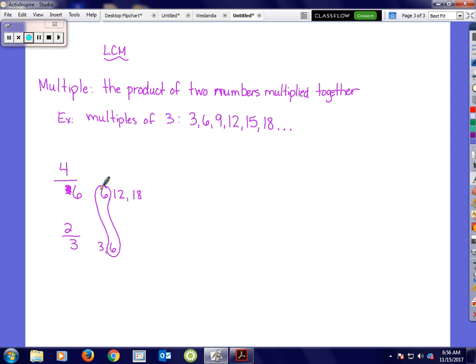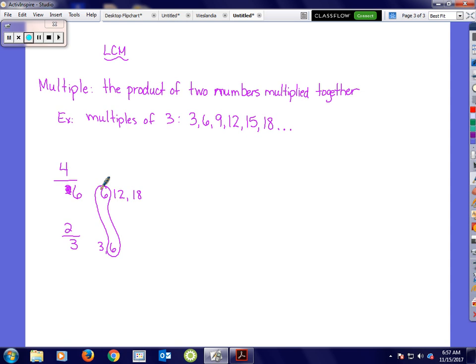So tomorrow when we're working on adding and subtracting fractions with unlike denominators, we're going to need these least common multiples to make equivalent fractions with a common denominator. So this least common multiple is going to become our new denominator for two fractions that are going to be equivalent, but now they're going to have a like denominator.